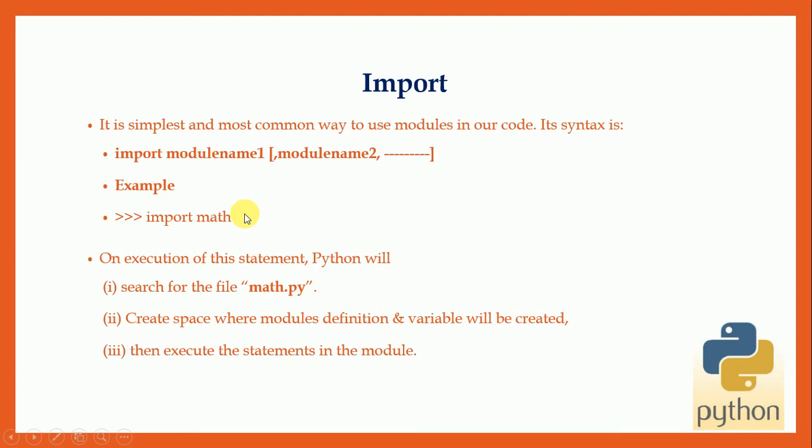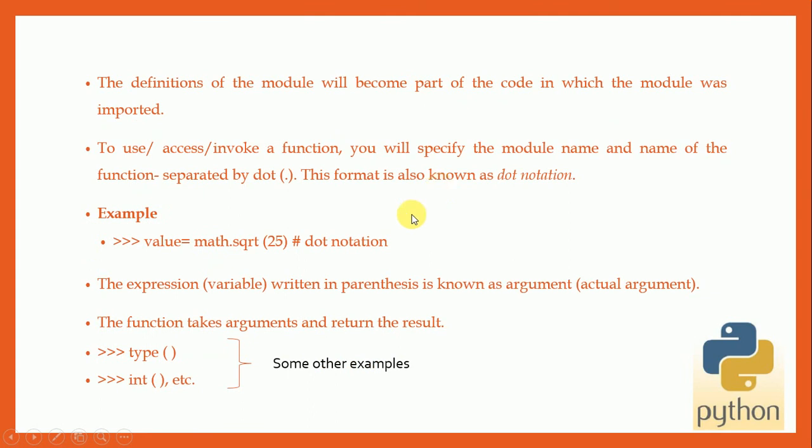Then it will execute the statements in that particular module. If we require a particular definition, it will execute that definition. We'll see with an example. The definition of the module will become part of the code in which the module was imported.